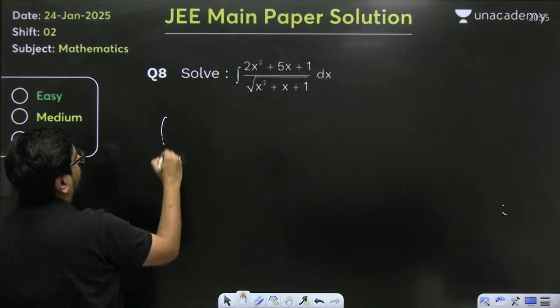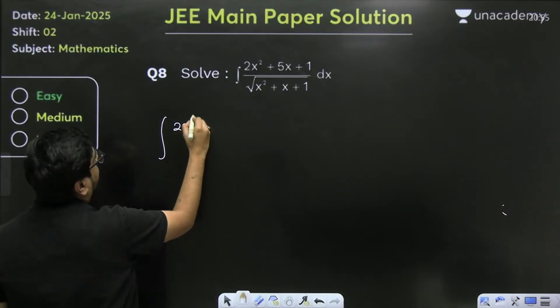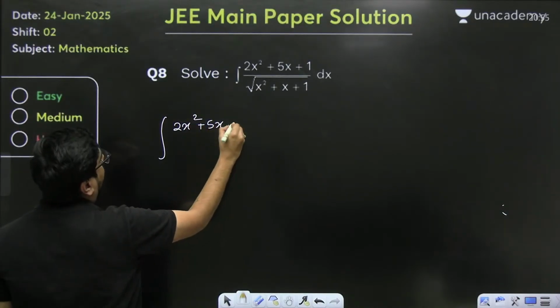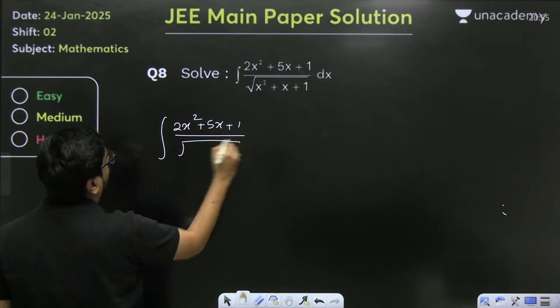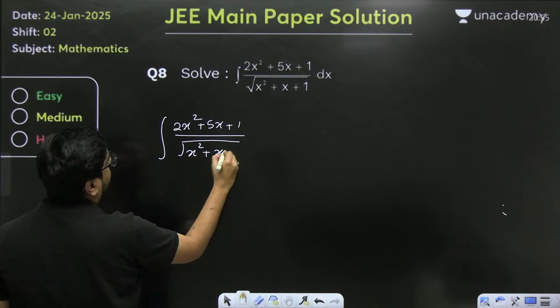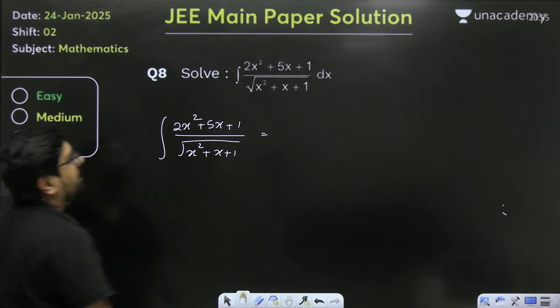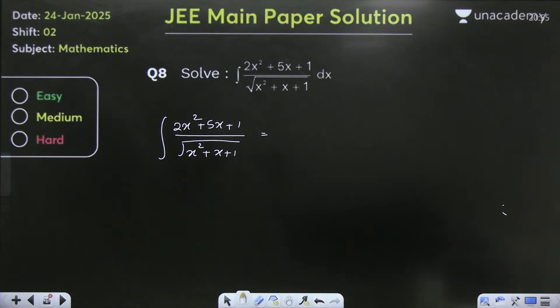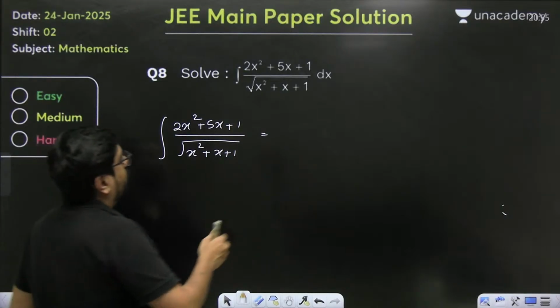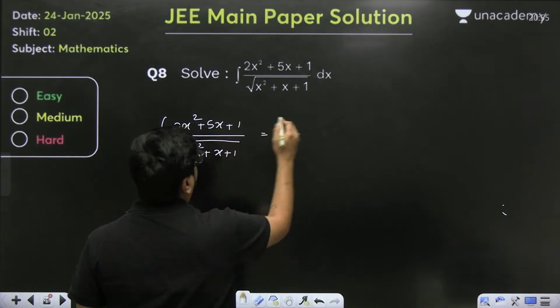So here, the integrand is 2x square plus 5x plus 1 divided by square root of x square plus x plus 1. Now the basic idea behind this is that you need the derivative of the denominator in the numerator itself. So how can you create it?